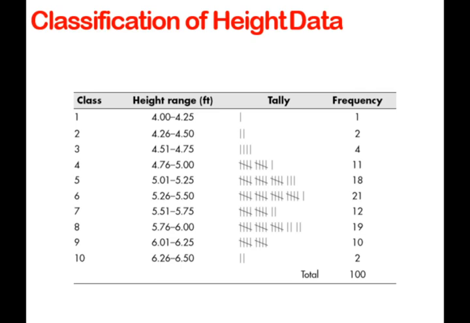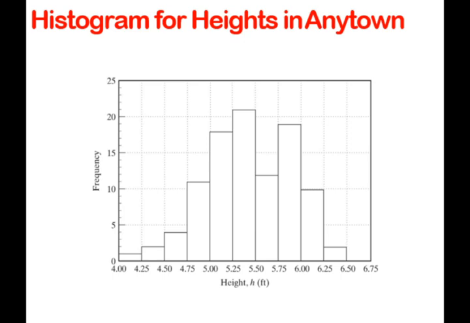To divide this into 10 bins, we essentially have to go every quarter foot. Every bin's length is a quarter foot. And then you count the data that fall into each specific bin. You have the frequency. You can draw the frequency on a histogram that looks like this.